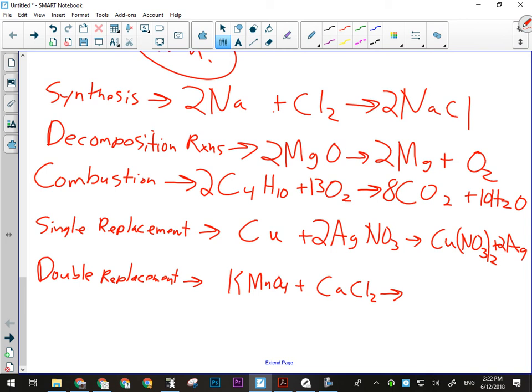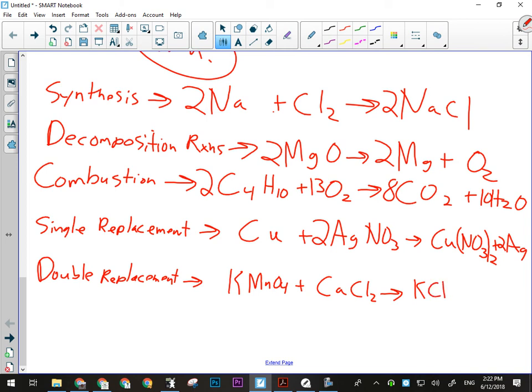Who is going to be potassium's partner over here? Chlorine. Remember, I swap the metals. I can't have 2 metals together. I can't have 2 nonmetals together. I can only get ionic compounds on the other side.